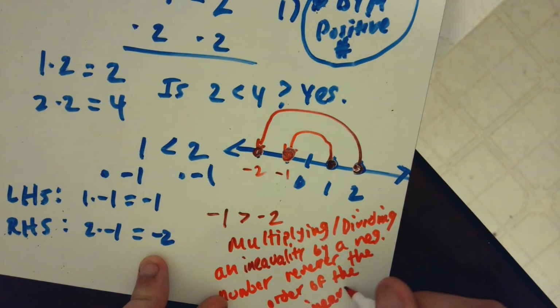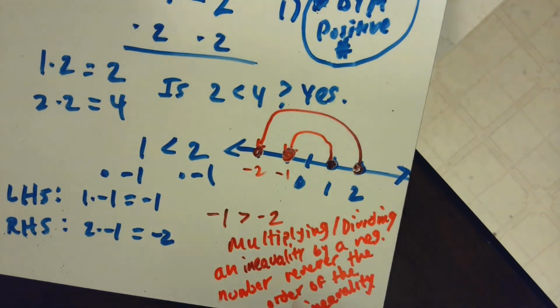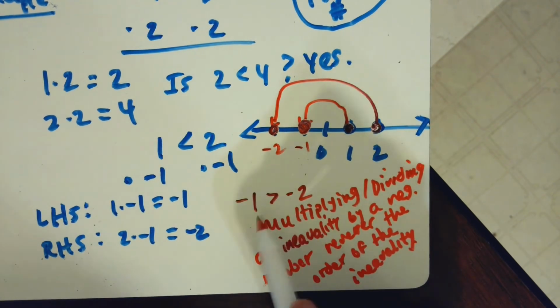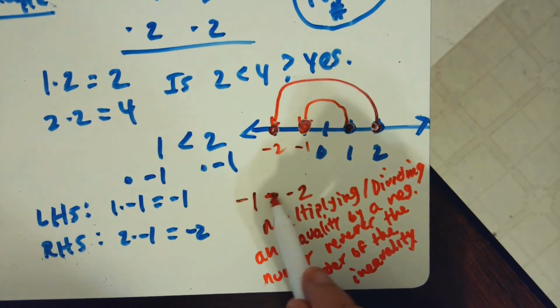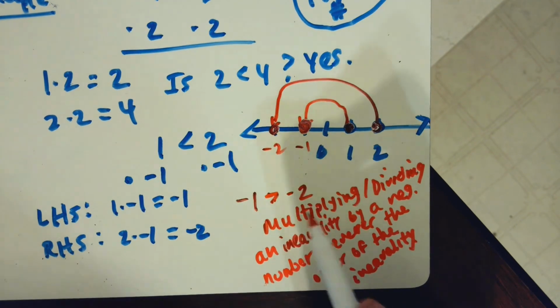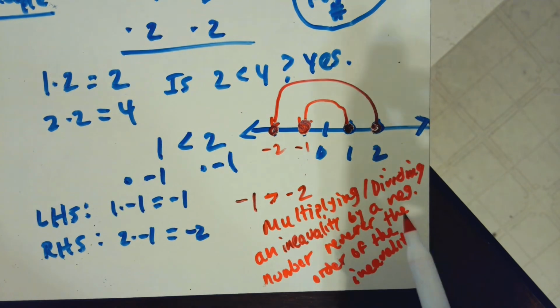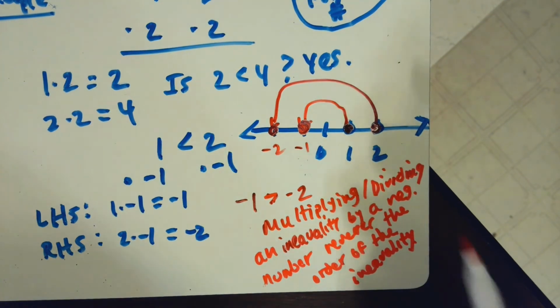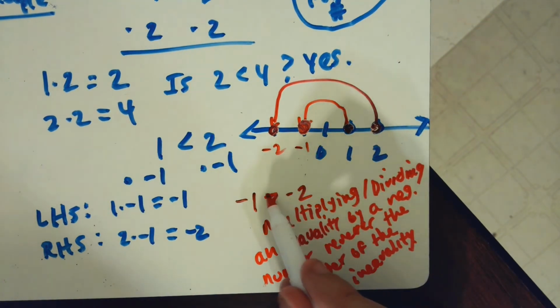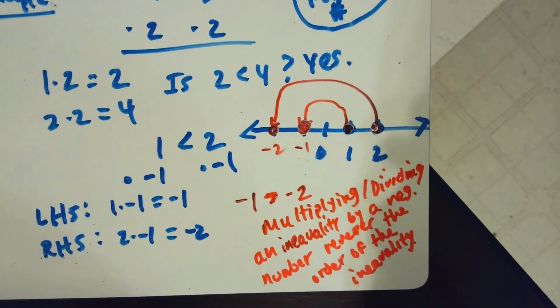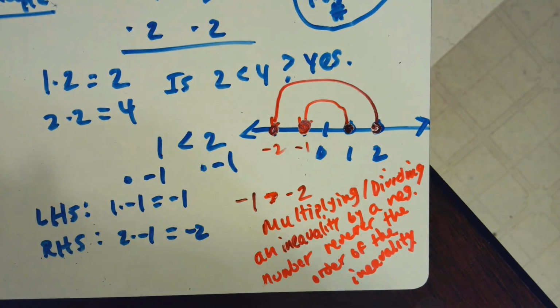In particular, we started out with 1 is less than 2, and then we ended up with negative 1 is greater than negative 2 after we multiplied by a negative. So multiplying or dividing by a negative through an inequality results in the inequality having the opposite direction as it had before.